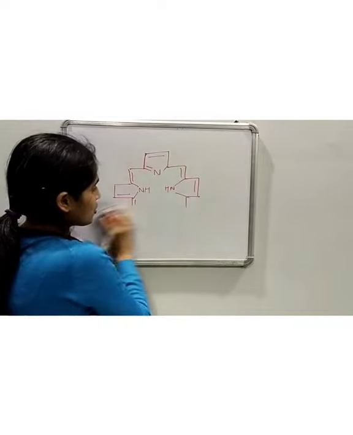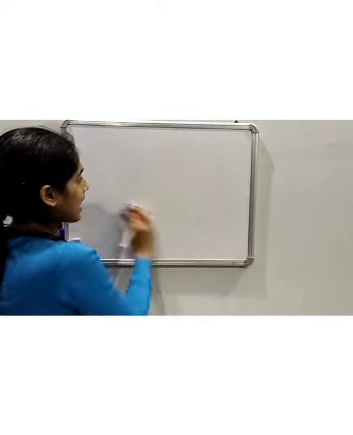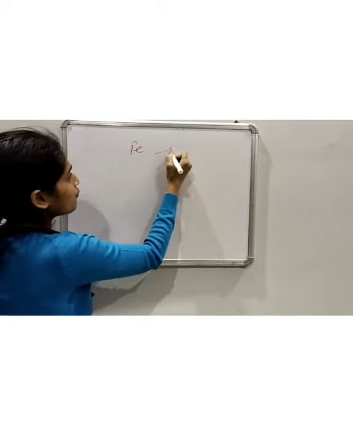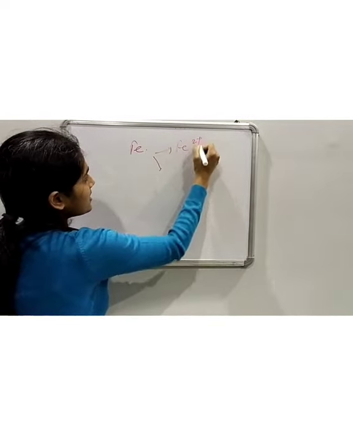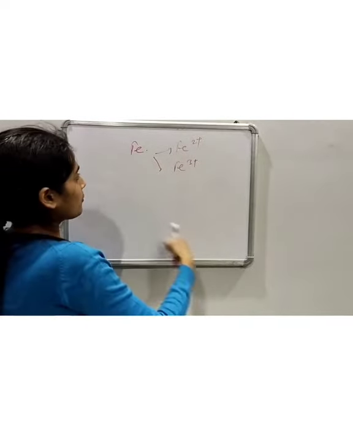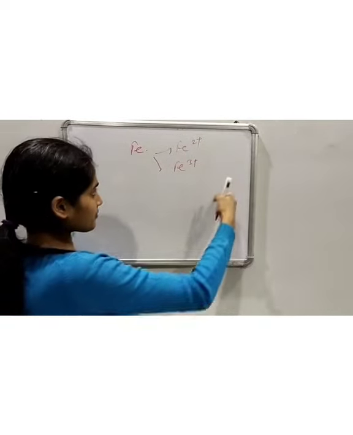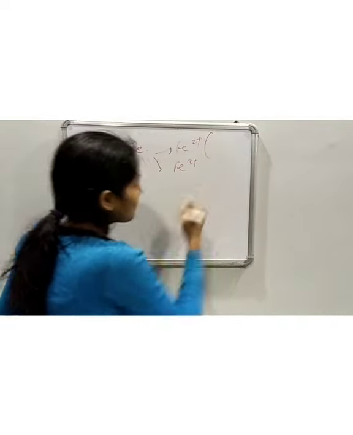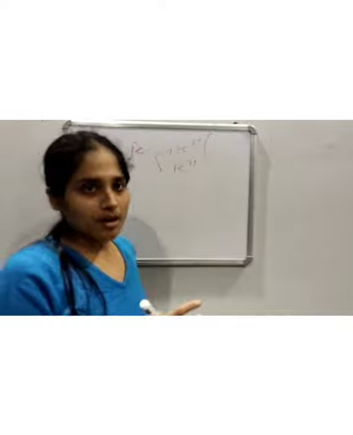Now iron. Heme contains Fe, and this Fe exists in two forms, Fe2+ and Fe3+. The protoporphyrin 9 which has Fe2+ is ferrohemoglobin, and with Fe3+ it is ferrihemoglobin.